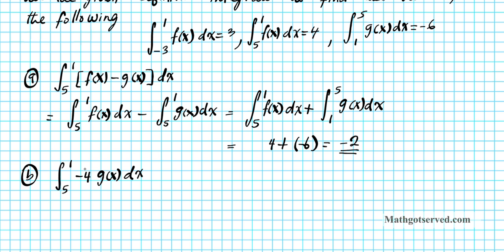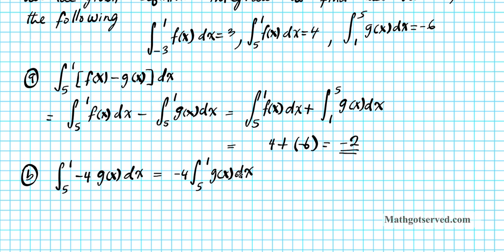We have to get rid of this negative 4 somehow, because we know what the definite integral from 1 to 5 of g of x dx is. So we're going to apply the constant multiple rule first. If we apply the constant multiple rule, that gives us the ability to factor out a constant that is being multiplied to a function. So we're going to have negative 4 times the definite integral from 5 to 1 of g of x dx.